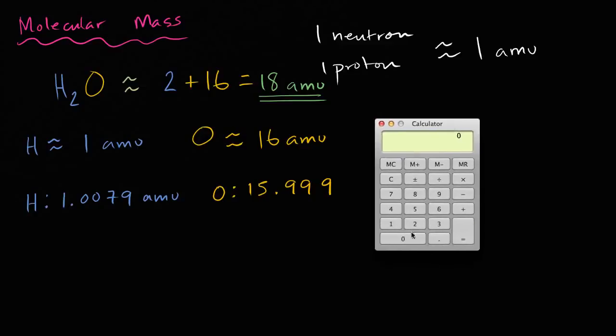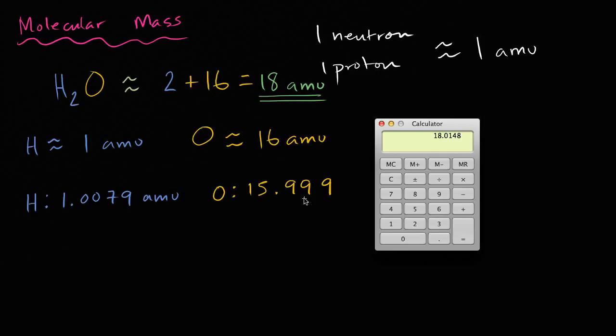So if I get my calculator, I'm going to have 2 times 1.0079 is equal to, and then to that I'm going to add, so plus 15.999 gets us to, and let's see, I should go no more than 3 decimal places to the right, since I added this.